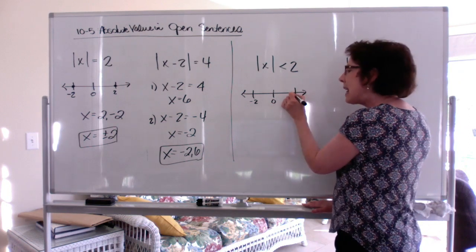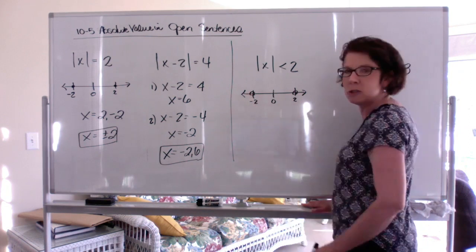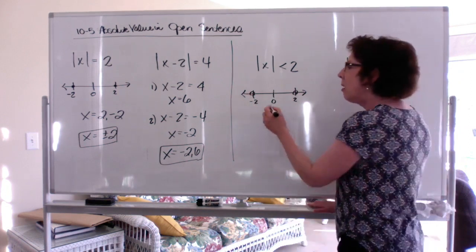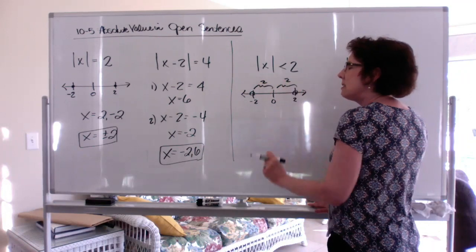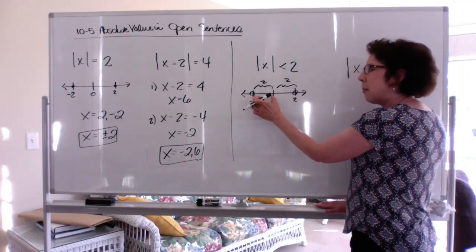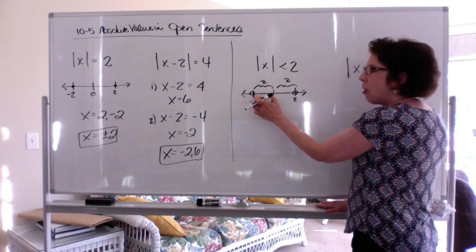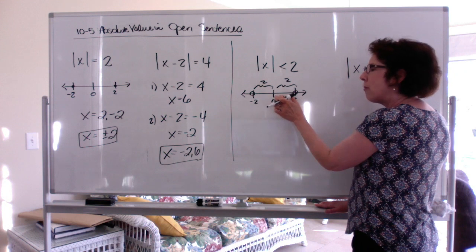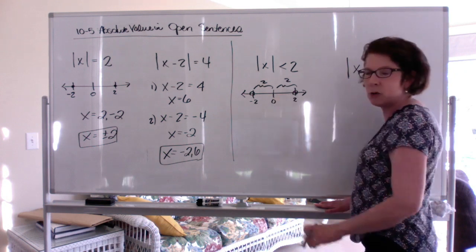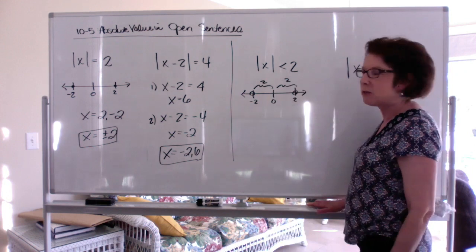Well, it's got to be less than 2, so it cannot equal 2, so I'm going to put open circles there. But I can see that this distance is 2 units, and so is this distance. So all of these numbers to the right of negative 2 are less than 2 units from the origin, and over here, all of these numbers less than 2 are also less than 2 units from the origin.